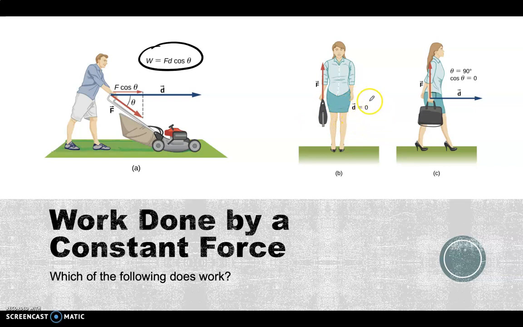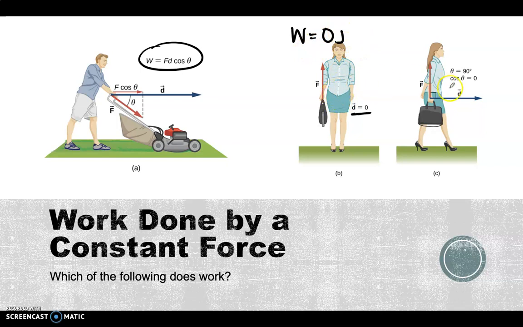So the displacement is 0 since it's not moving up or down. So, again, with this formula here, our work then would be 0, right? If there is no displacement, that means that there is no work done. So this would be 0 joules.